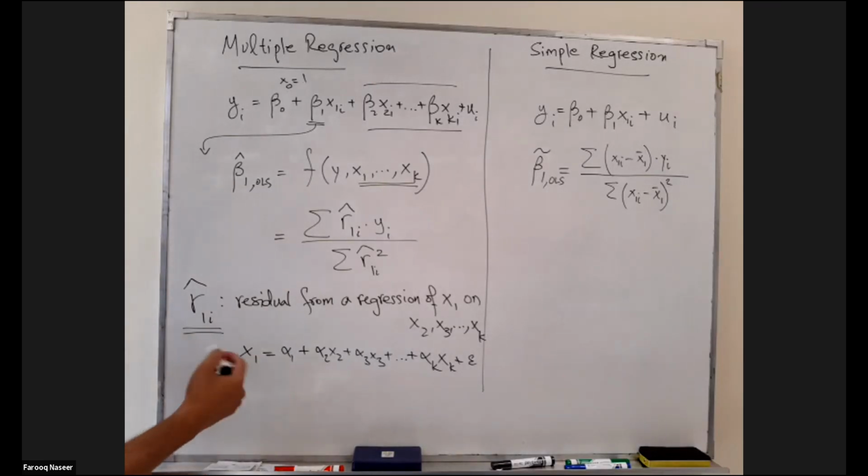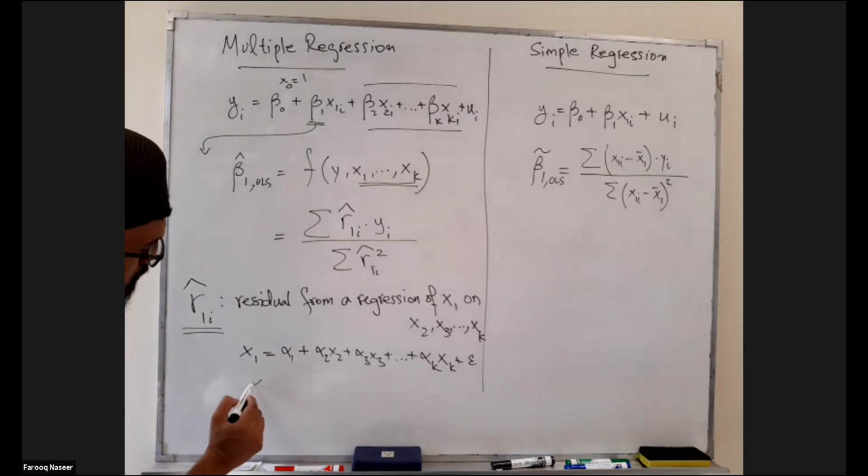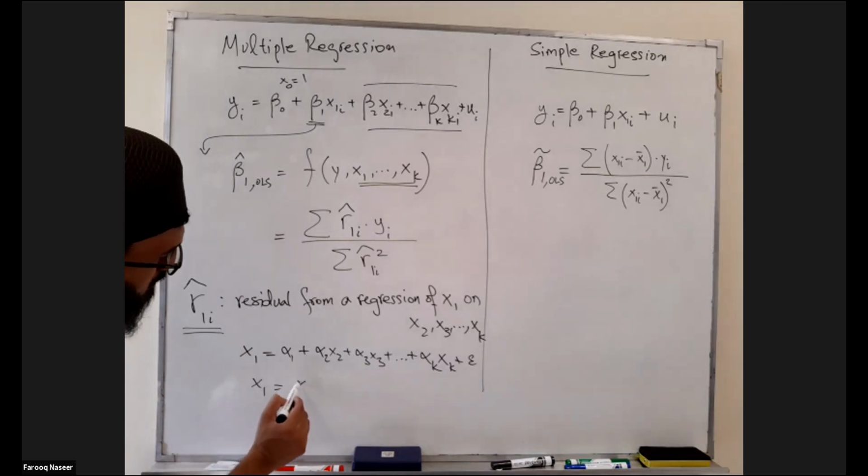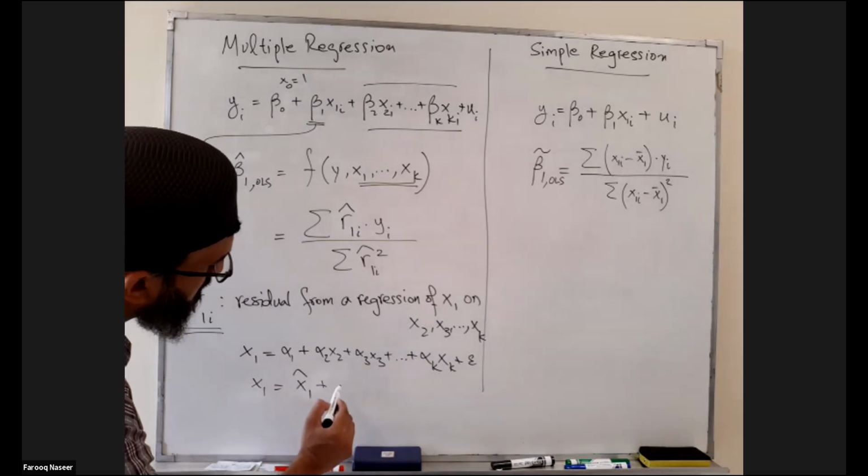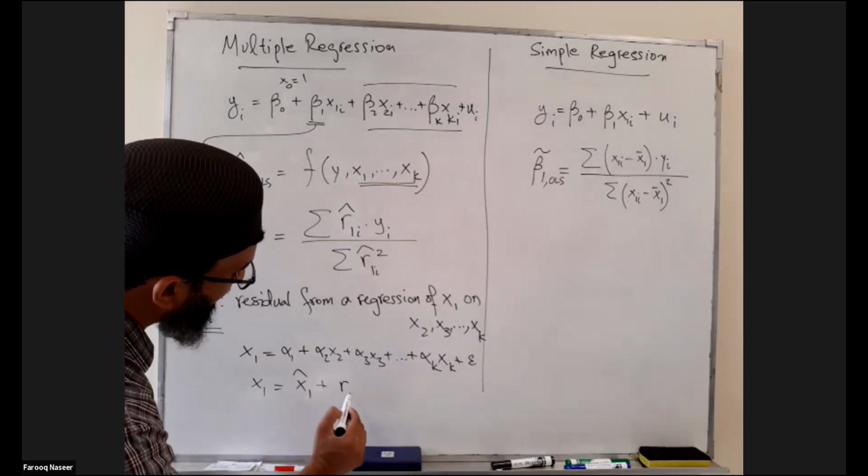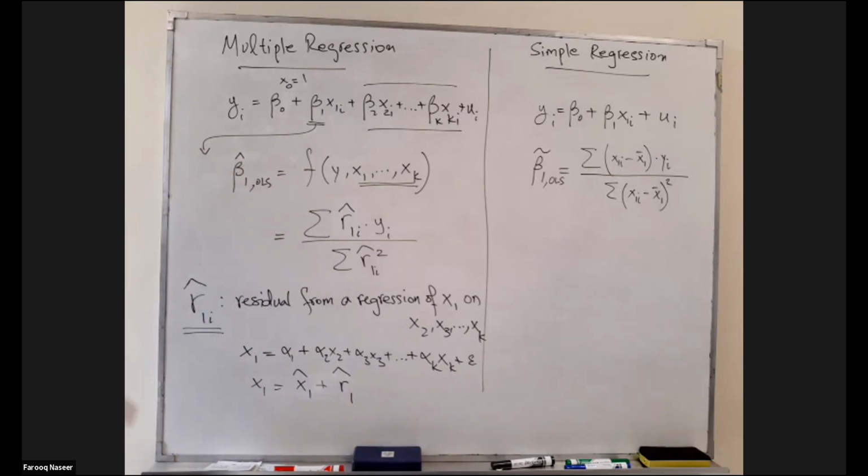I have data on all the variables, so I could estimate the alpha coefficients using OLS. And once I do that, I can write x1 as a fitted value plus a residual. And that residual is what we are calling r1 hat.